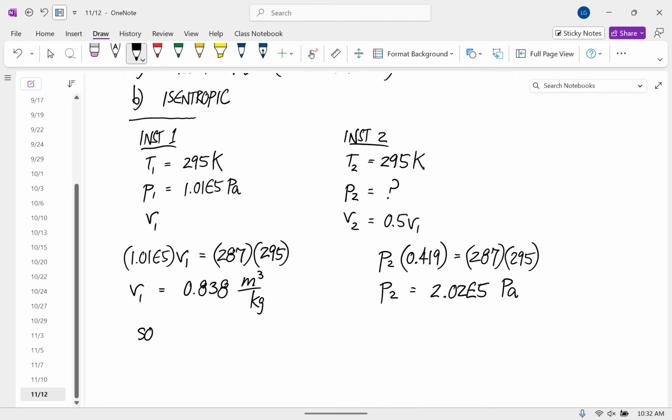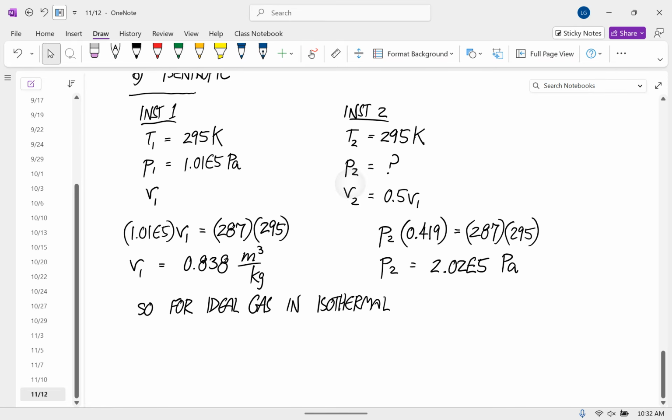So for an ideal gas in an isothermal process, P2 over P1 is equal to V1 over V2.